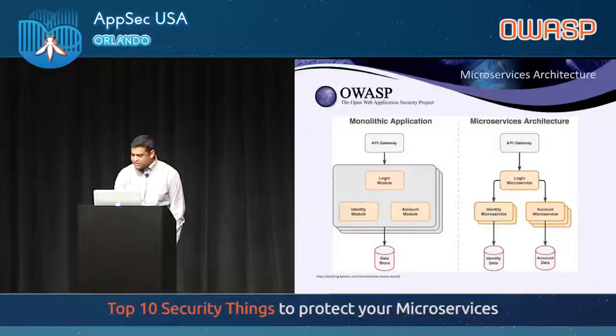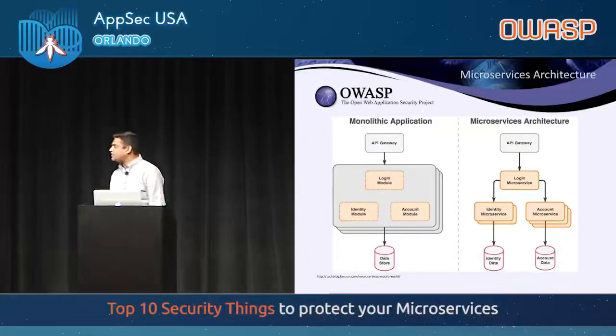To give an example, a monolithic application on the left side has one single big central module which has login, identity, and account, connected to a central data store. On the right-hand side, each of those 3 business functionalities is a different microservice. Login is a microservice. Login and identity both connect to the same identity database, and then you have an account microservice that connects to the account database.